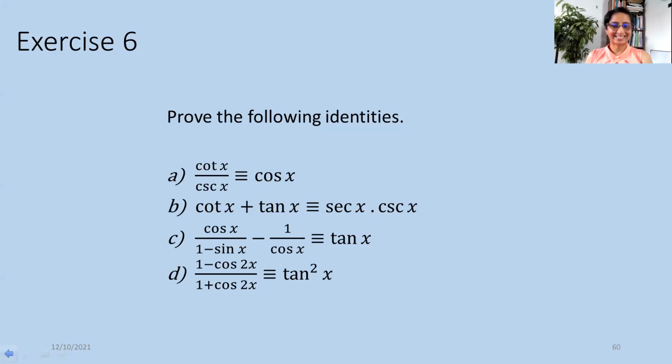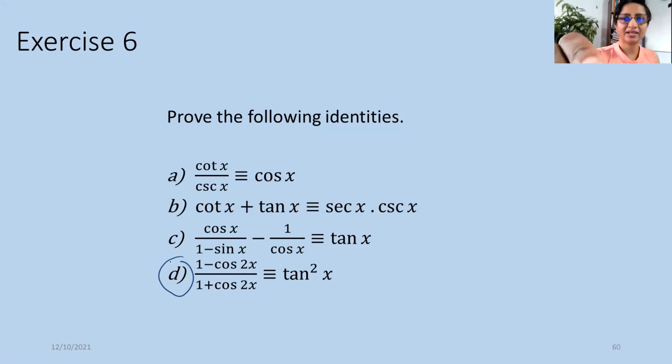D. Okay, let's do D. D it is. Let me copy it. You start. Yeah, that looks very difficult. Cos 2x here and then tan squared with x. One side 2x, other side just x.